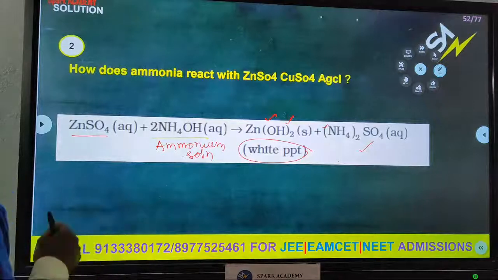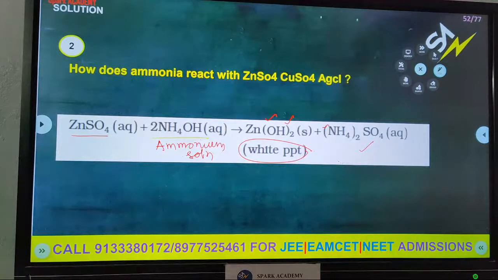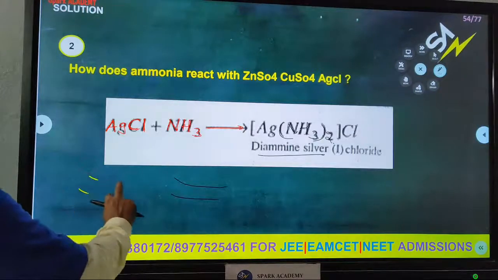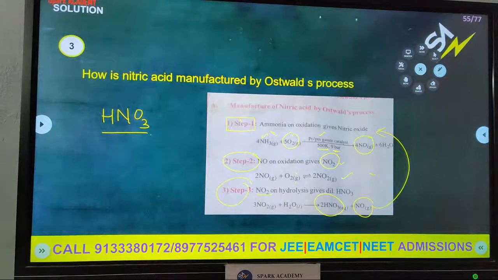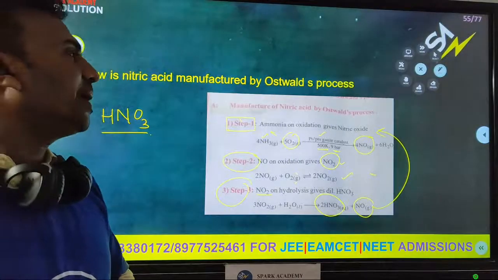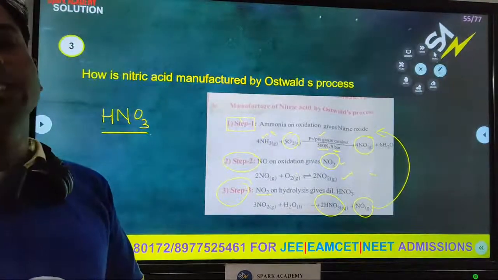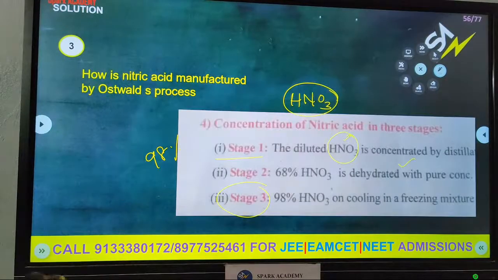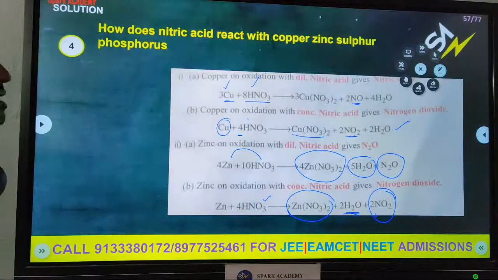Now the second one: how does ammonia react with zinc sulfate, copper sulfate and silver chloride? Next, how is nitric acid manufactured? Nitric acid is manufactured by Ostwald process in 3 steps, and concentration of the HNO3 is also required, in 3 stages.